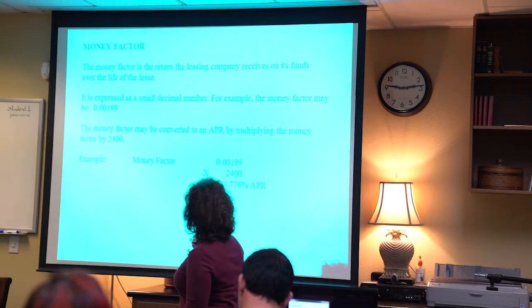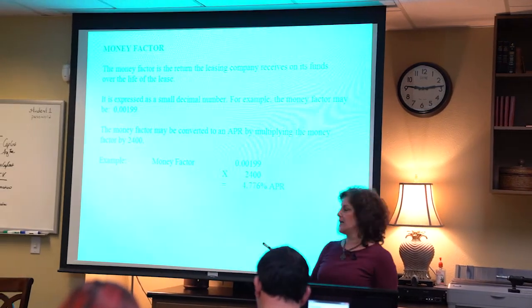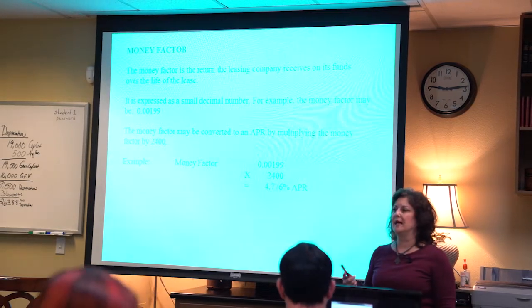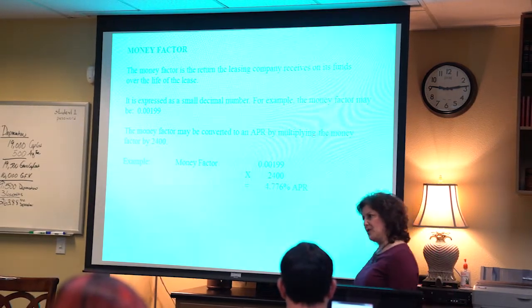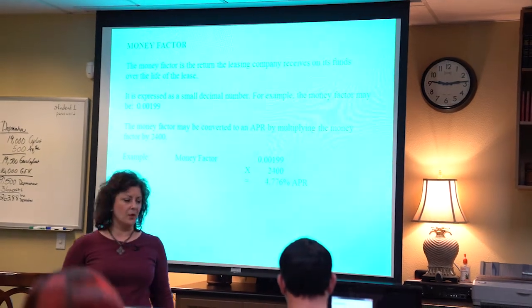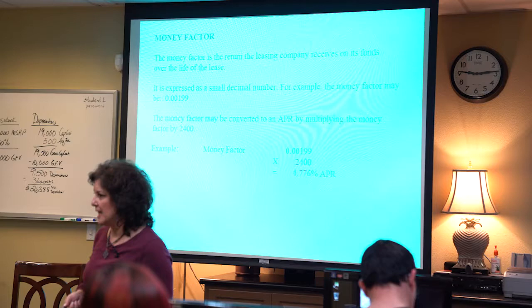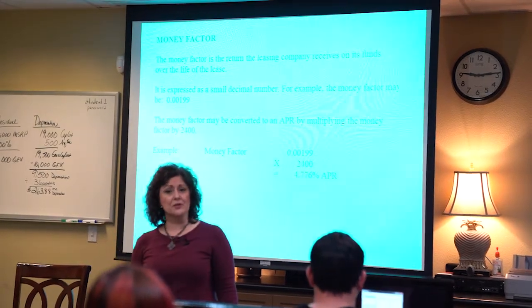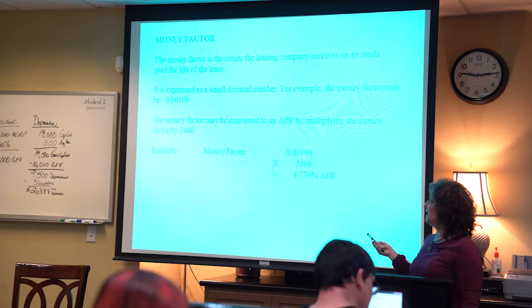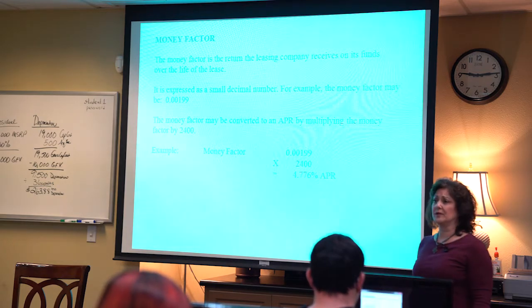Now this is more for you to know. Let's just say, in this case, our money factor is 0.00199. If your customer should ask you what that equates to in interest or APR, there's a formula you can use. You'll always take the money factor, 0.00199, times 2,400.